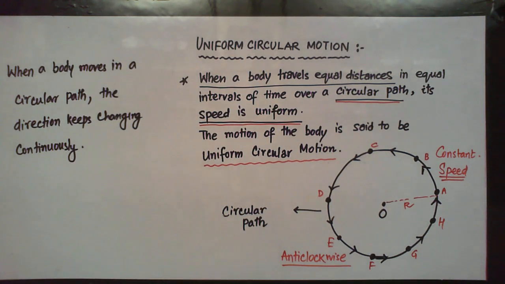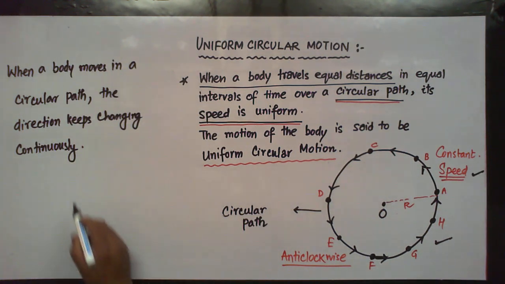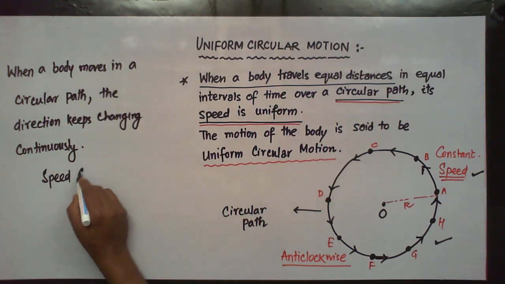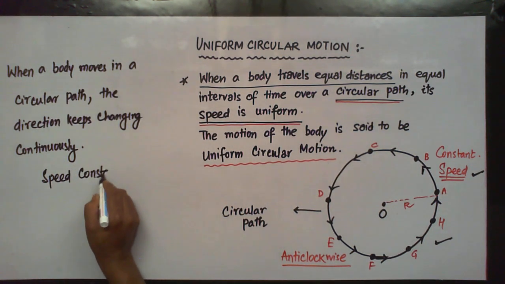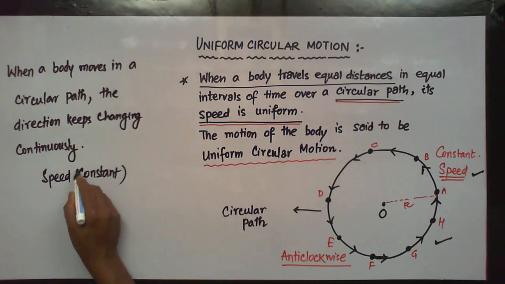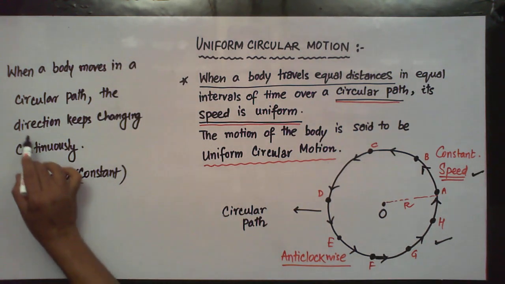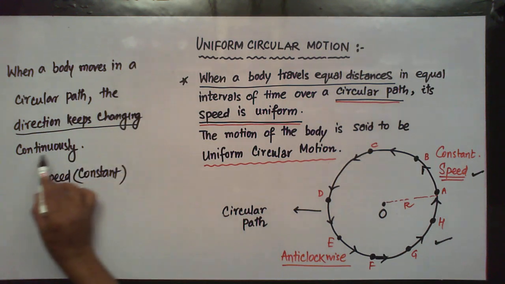The body is moving in a circular path, and the speed of the body is remaining constant. The speed of the body always remains constant because it is uniform circular motion. But what about the direction? The direction is continuously changing.